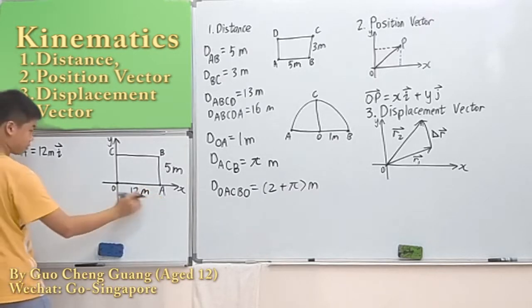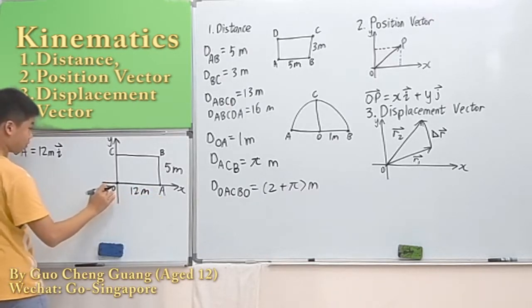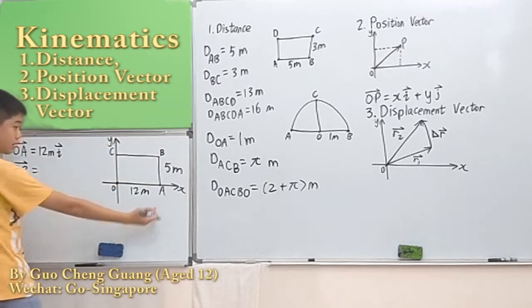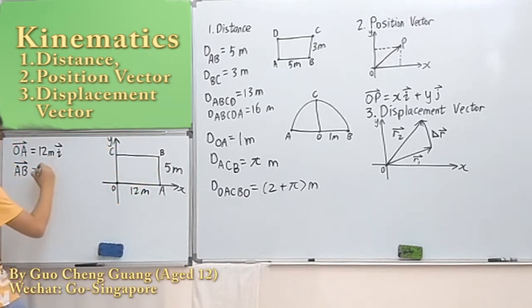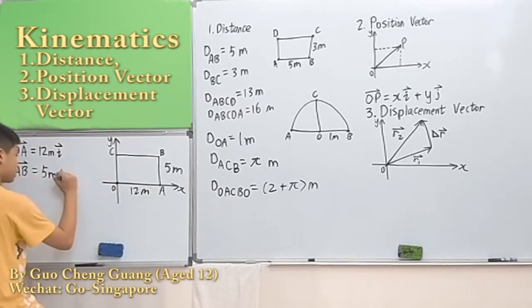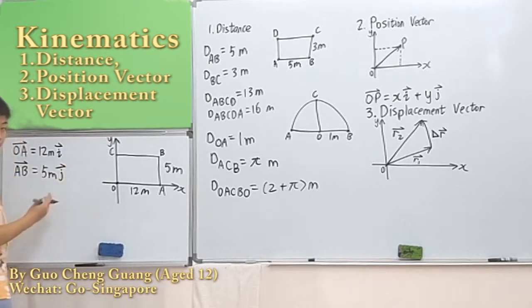Then from A to B, this part, it just goes up 5. So you get 5 meters in the unit vector for y.